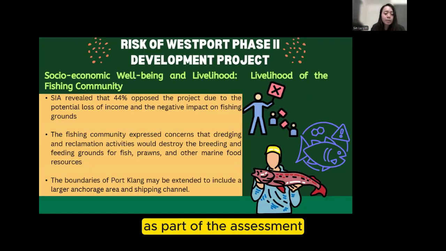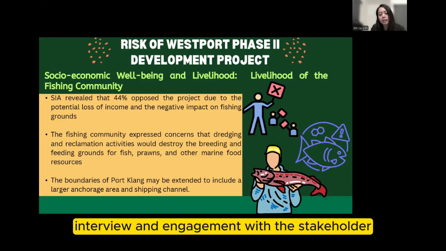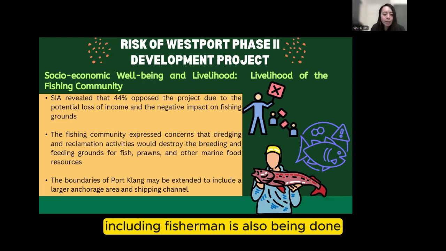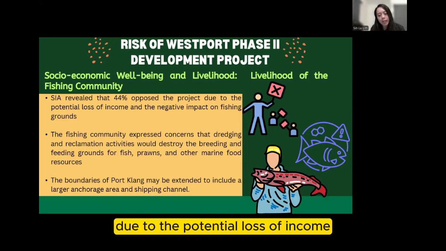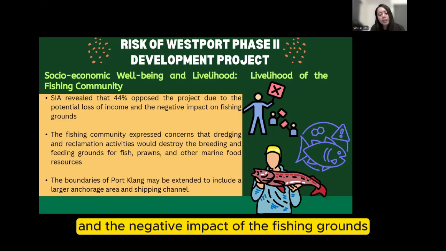As part of the assessment, interviews and engagement with the stakeholders, including fishermen, were also done. The SIA revealed that 44% of them oppose the project due to the potential loss of income and the negative impact on the fishing ground.